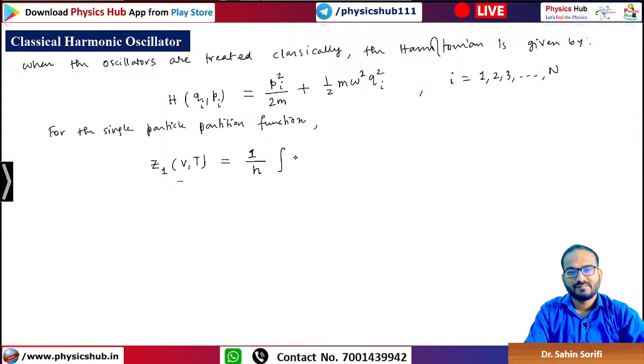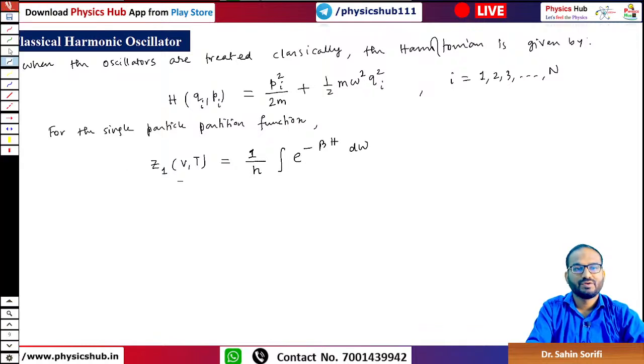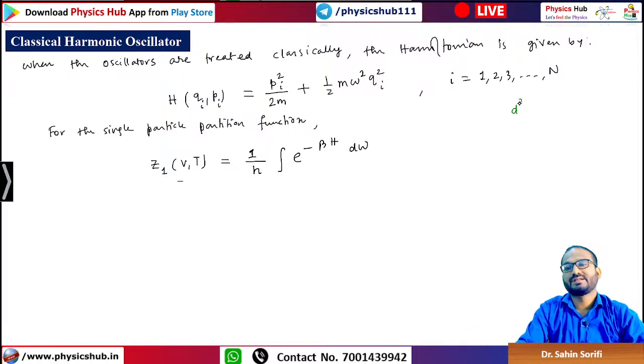Integration e to the power minus beta H d omega. Here, what is this d omega? d omega is the phase volume. So for one dimension, look, why do we write d3q, d3p? This is the phase volume in 3 dimensions. Now, when you consider 2 dimensions, it is d2q, d2p.